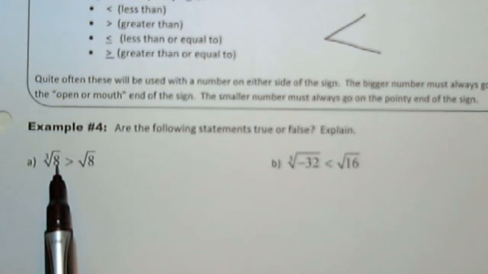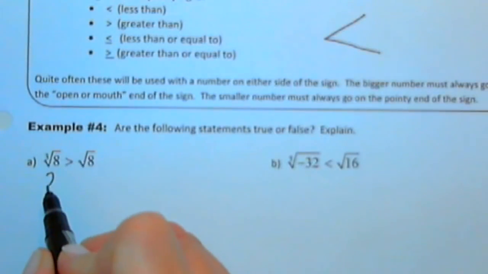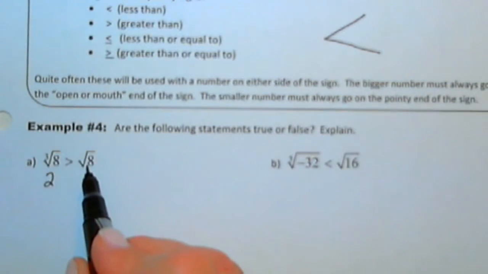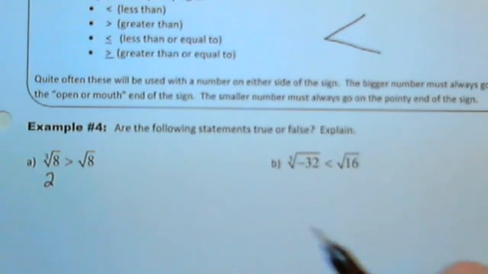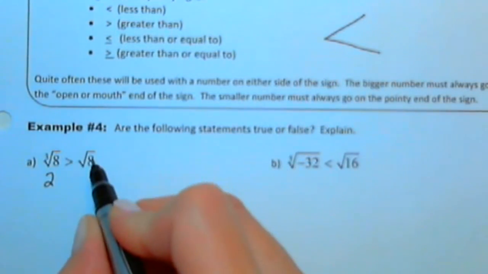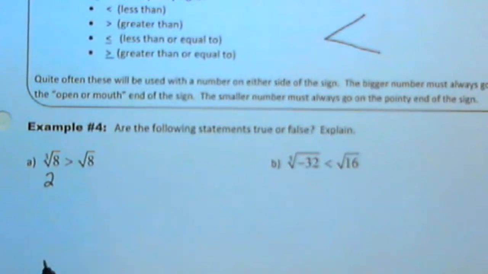Well, the cube root of 8 is 2. Now the square root of 8 in this question here, let's figure out where the square root of 8 would be. The square root of 8 would be somewhere between the square root of 4 and the square root of 9.